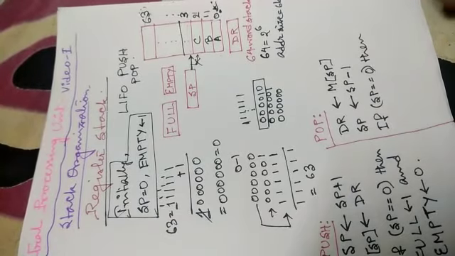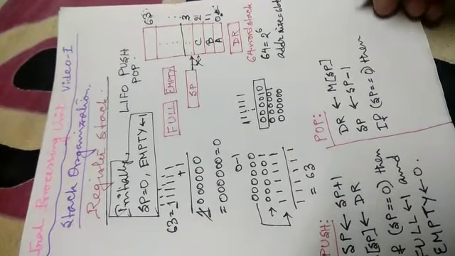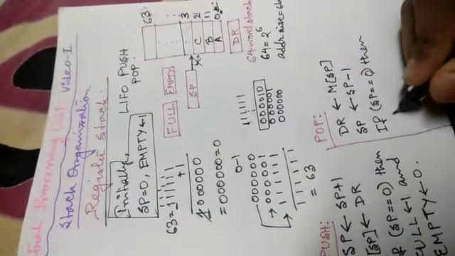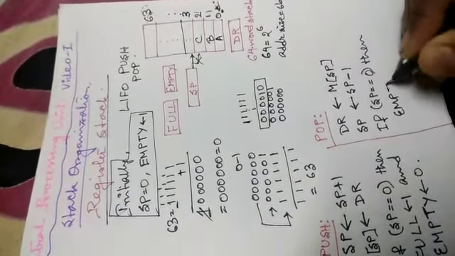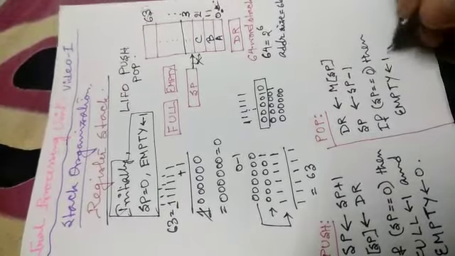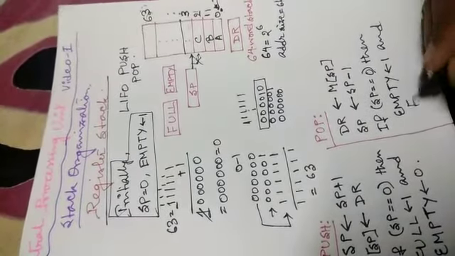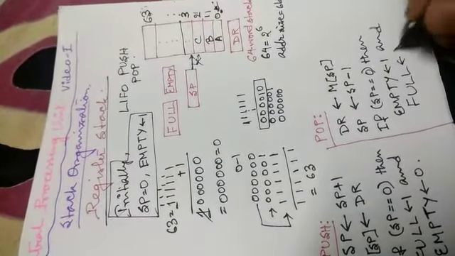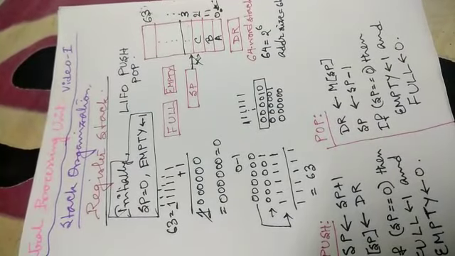Then underflow condition occurs, right? Then empty is 1 and full is 0. Got it? Done.